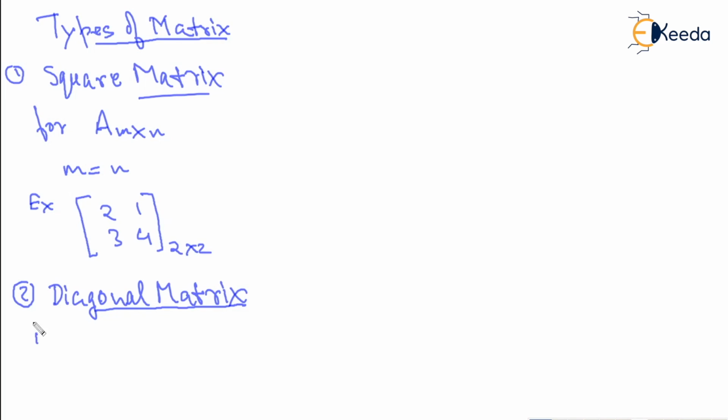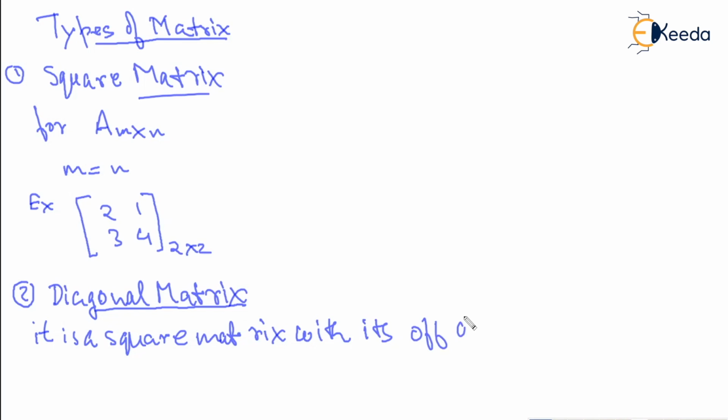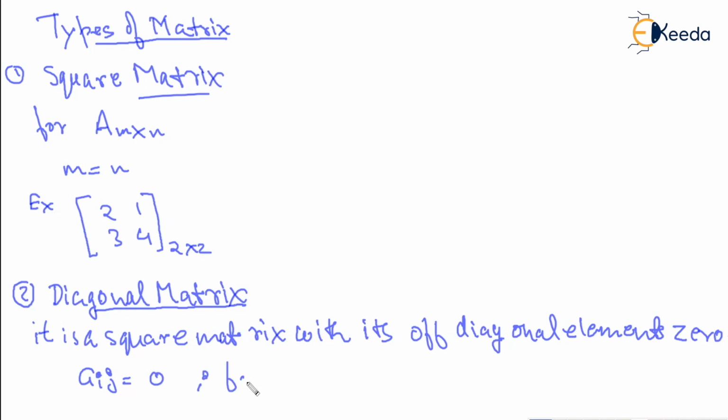So I'll say in general it is a square matrix with its off diagonal elements to be 0, so that means Aij should be equal to 0 for i not equal to j.